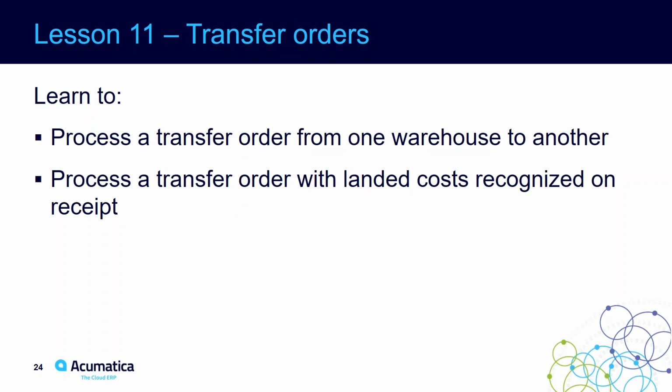Okay, so the transfer orders are used, for example in this case, when we don't have enough quantity in our store and we need to allocate and transfer available quantity from another warehouse or branch. So this is very useful.